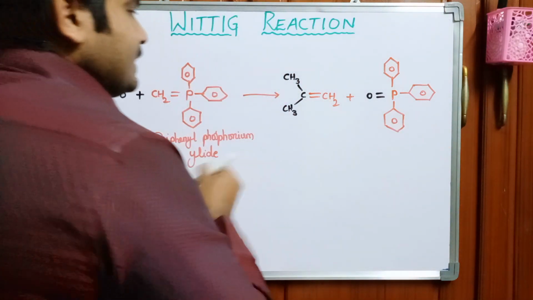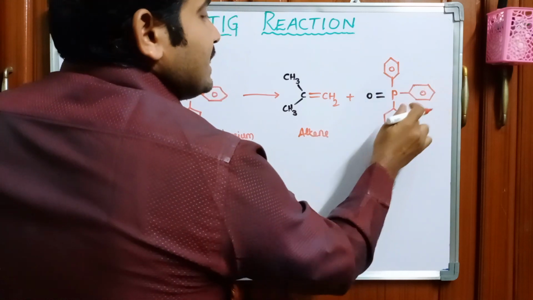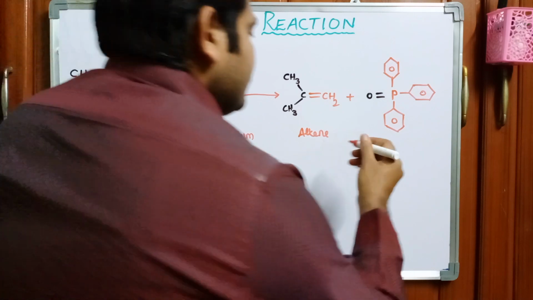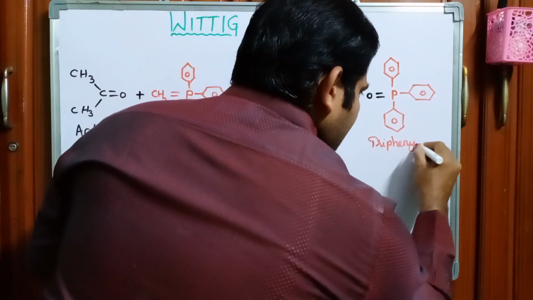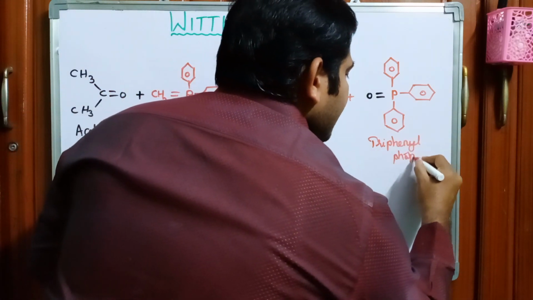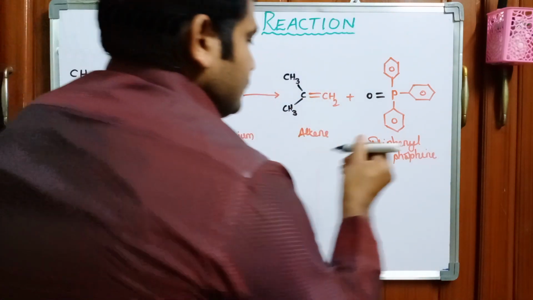What is this? It's an alkene. What is this? Triphenyl phosphine oxide, or triphenyl phosphonium oxide.